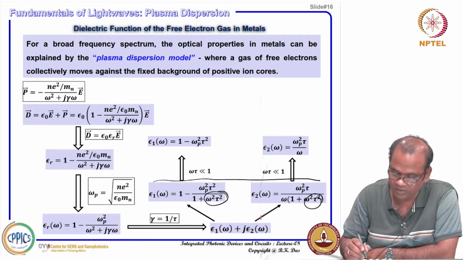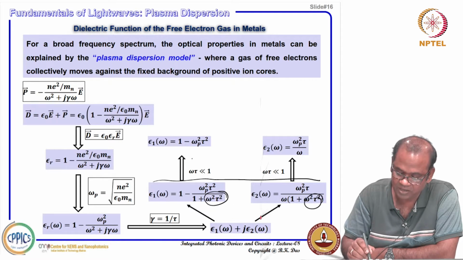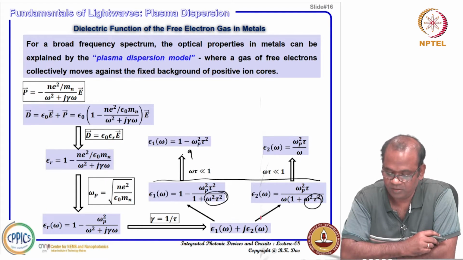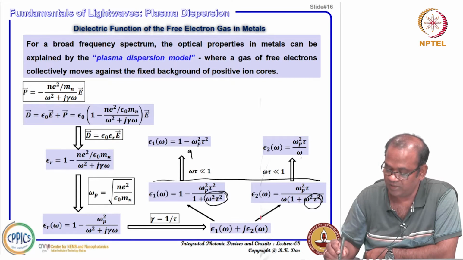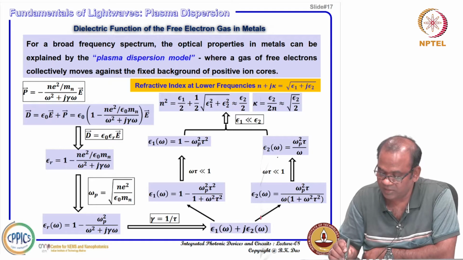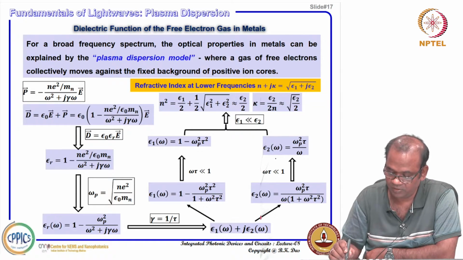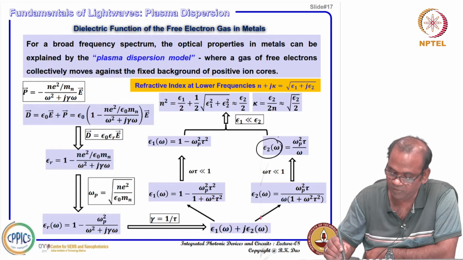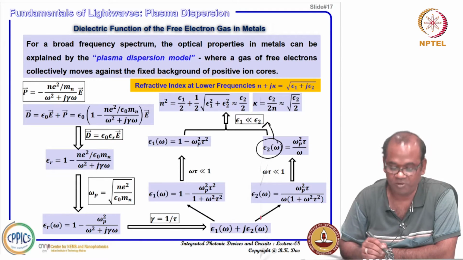Okay. If we ignore that, then the real part will reduce to this one and the imaginary part will reduce to this one. In this case, if you see, omega tau, that means omega is much lower, so epsilon 2 will be much higher compared to epsilon 1.